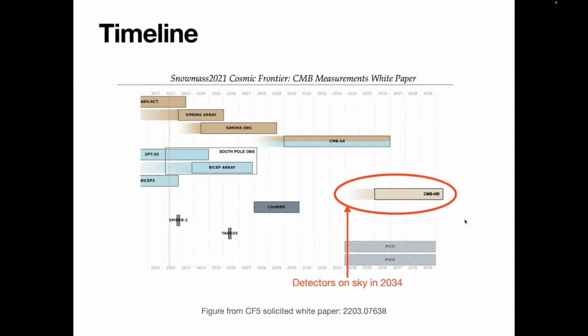So the timeline, this is a plot from the recent Snowmass 2021 CMB measurements white paper, which was signed by a large fraction of the CMB community, is to have detectors on sky by 2034, which is pretty ambitious.